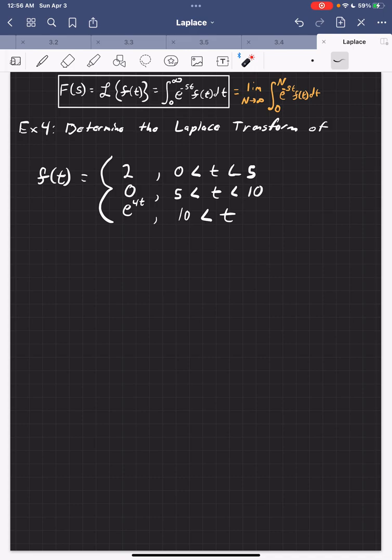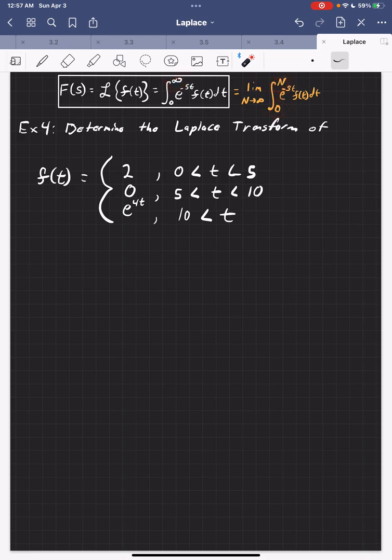So let's talk about how we transform this function. Remember that the Laplace transformation deals with something to infinity, that portion to infinity.